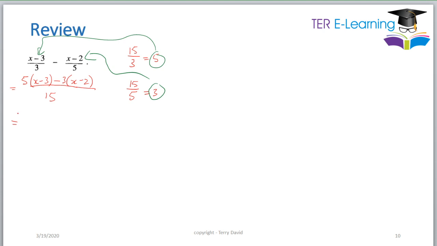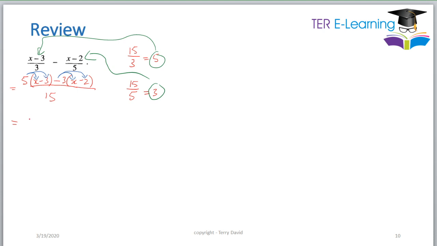The next thing we need to do now is simplify the top part. So we have to remove the brackets using the distributive law. So we're going to say 5 by x, we're also going to say 5 by this, minus 3 by x, and minus 3 by minus 2. Now you need to be careful when you're simplifying the top part here. It's a common mistake that students make, especially when CXC brings questions with minus signs.